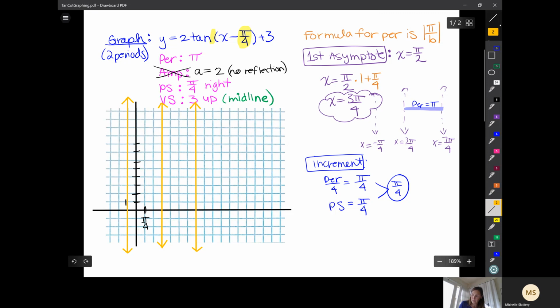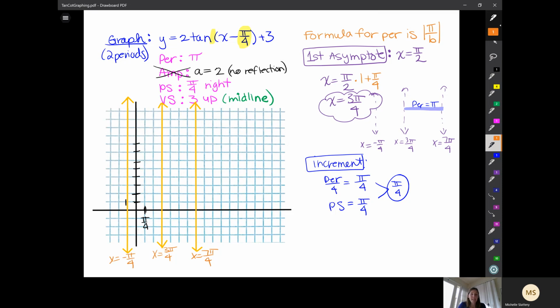And so we're going to have 2 periods here. And that's all I need. So you need those 3 asymptotes, and I can label those asymptotes. Always label your asymptotes. So I have x equals 3 pi over 4, x equals 7 pi over 4, x equals negative pi over 4.